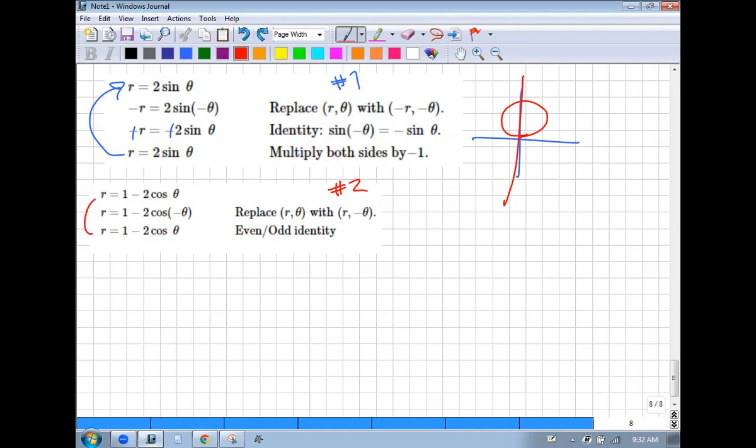And I have exactly what I started off with. So this tells me that this thing is symmetric about the x-axis. And I'm going to guess what the graph looks like. I'm thinking it's probably something like that, or it might be over here. I don't know. But anyhow, it's symmetric about the x-axis. You flip it over the x-axis, it matches. All right.